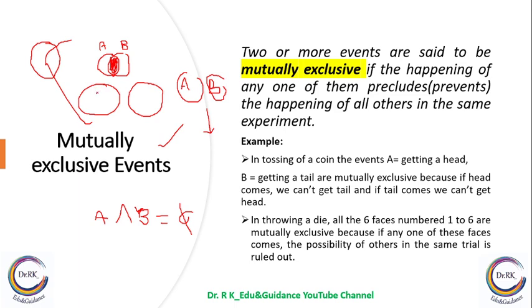This is event A, this is event B. Then the events are called mutually exclusive events. Very simple. If there is any confusion with respect to the definition, if A intersection B equals the empty set, then the events A and B are called mutually exclusive events.